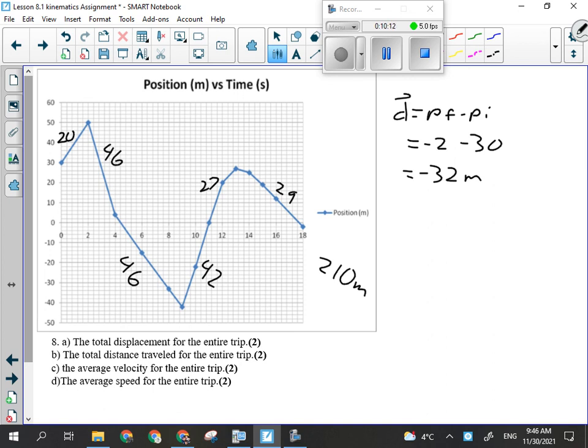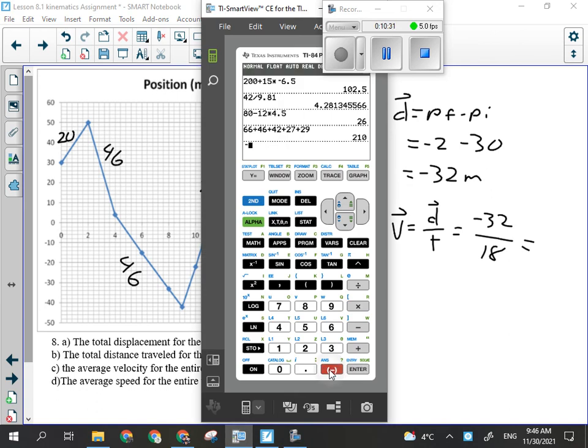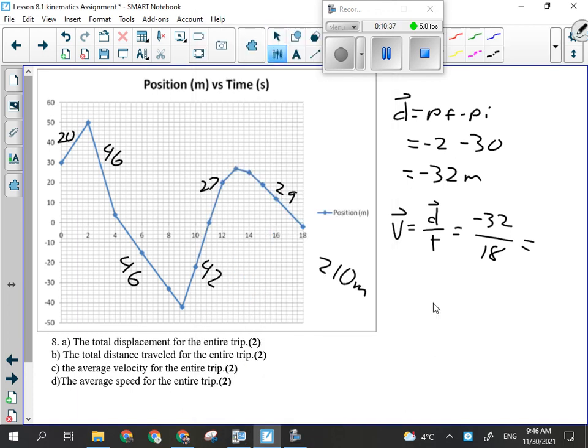Average velocity and average speed are now both pretty simple calculations. Average velocity is total displacement, that number right there, divided by total time. So negative 32 divided by 18 seconds. It's going to give us, what, 1 point something, 1.9? Negative 32 divided by 18, negative 1.7, 1.8, let's say, because it rounds up.